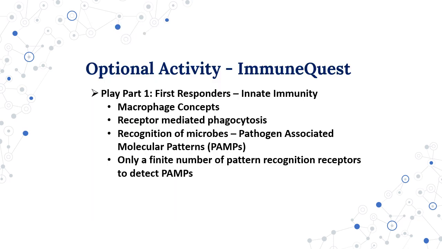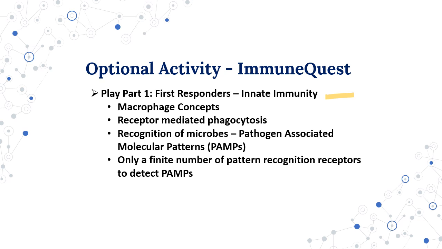All right, so here is your optional activity on ImmuneQuest. And this is what I like about it, because at first, when they started developing this video game, they really emphasized innate immunity. So this is the type of immunity that you are born with, and you have cells that are ready to work as soon as you encounter some pathogen. Okay.